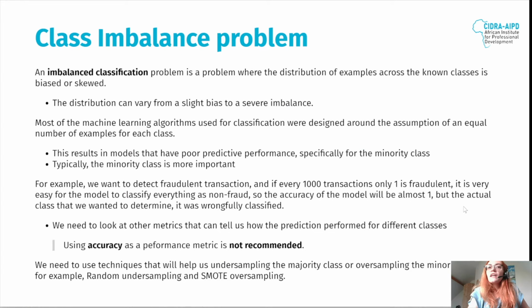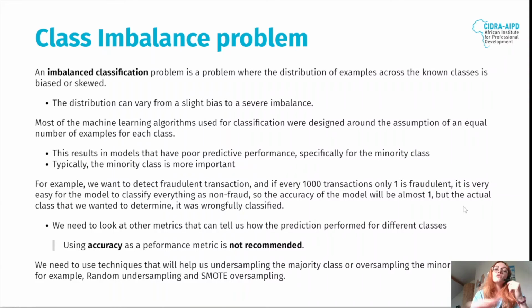You're going to look at that and say my model is great when it isn't. It's actually pretty bad because the thing that you actually wanted the most, you're not able to determine, it was wrongly classified. So that's why we need to look at other metrics that can tell us how well the model performed for the different classes.